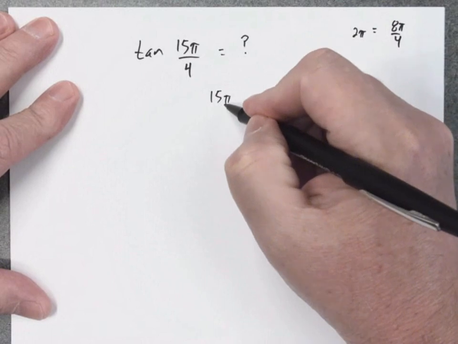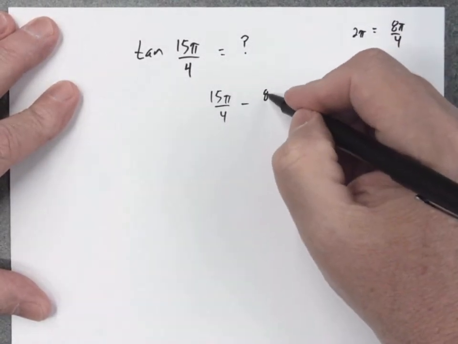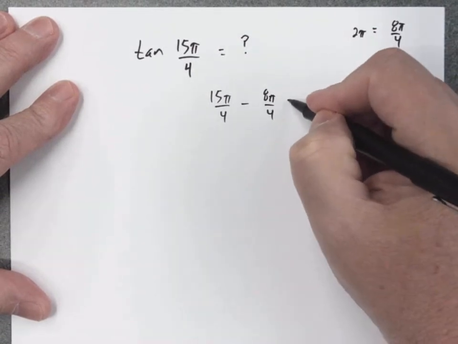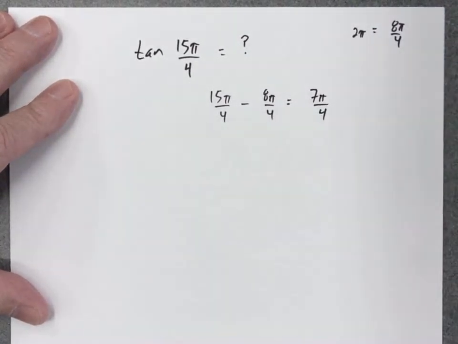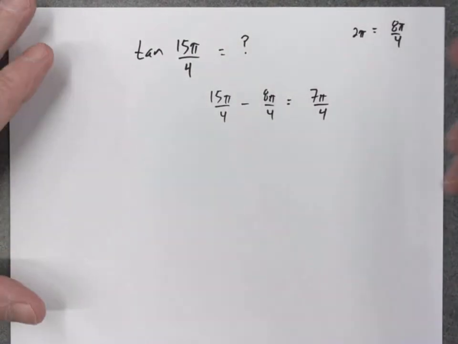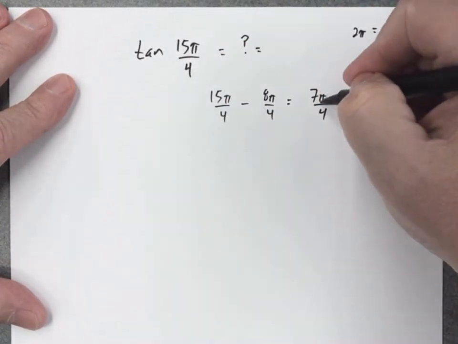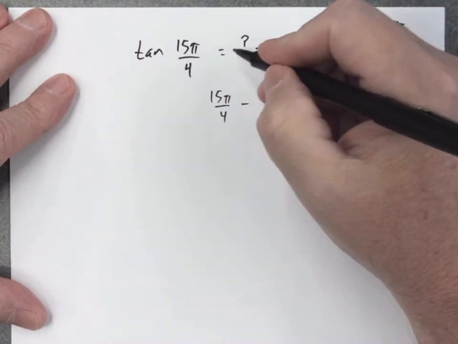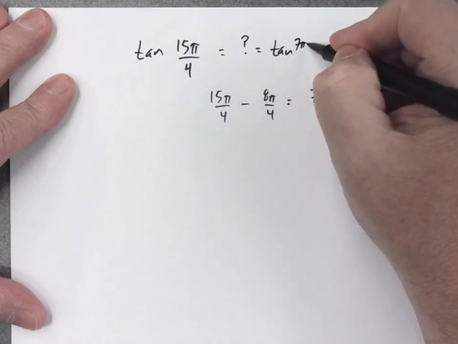So to find the coterminal angle, I'm going to subtract 8 pi over 4. And we get 7 pi over 4, which is in the unit circle. So since 15 pi over 4 and 7 pi over 4 are coterminal angles, tangent of 15 pi over 4 equals the tangent of 7 pi over 4.